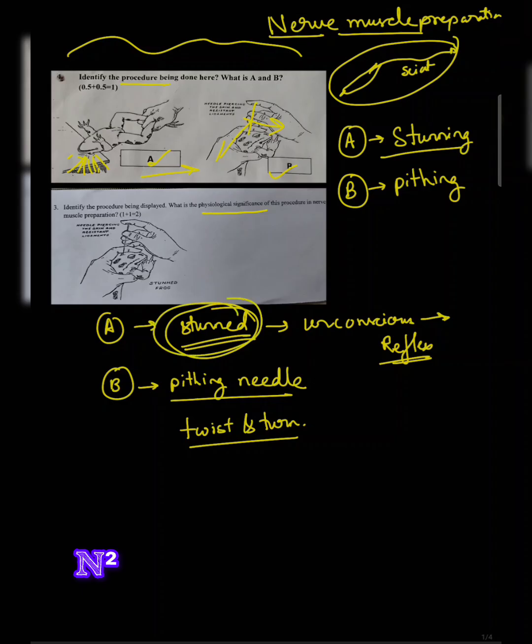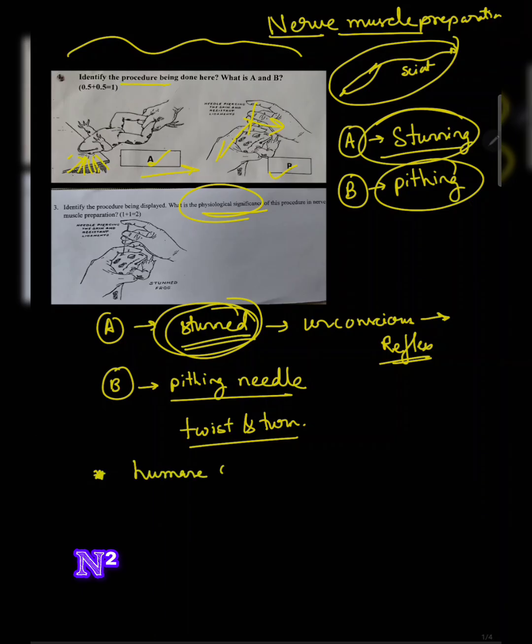So the stunning of the animal is A and B is pithing of the animal. Now why do we do this in the nerve muscle preparation? The physiological significance of this procedure is that it's a humane way of killing the animal for the experiment.